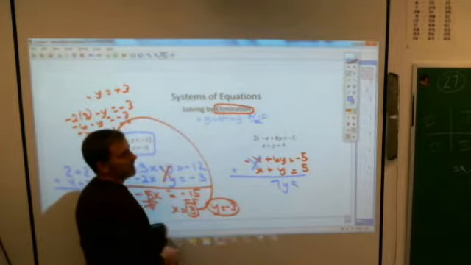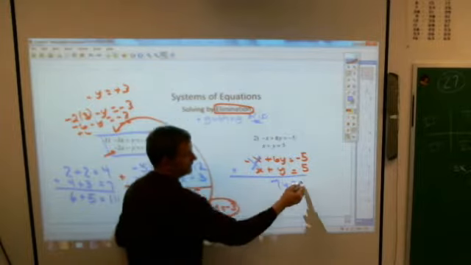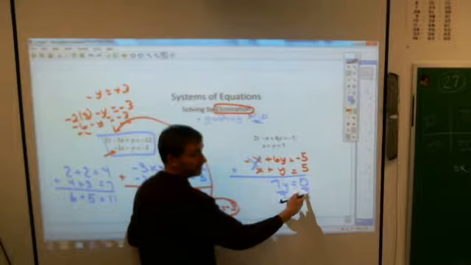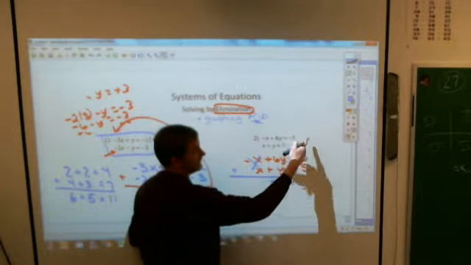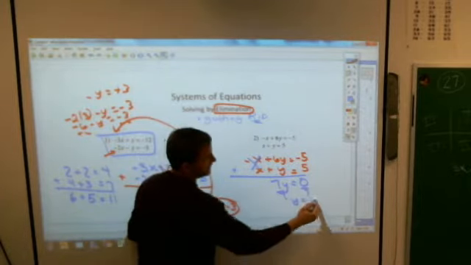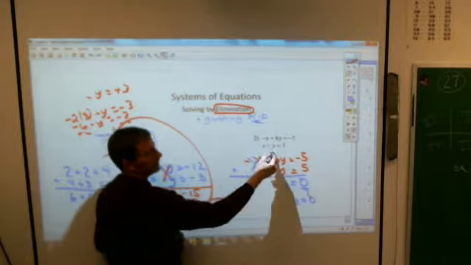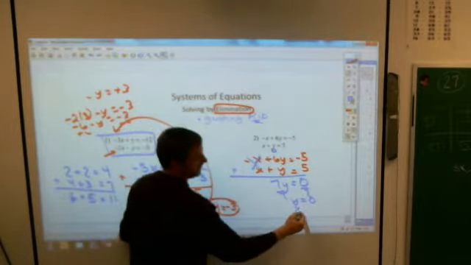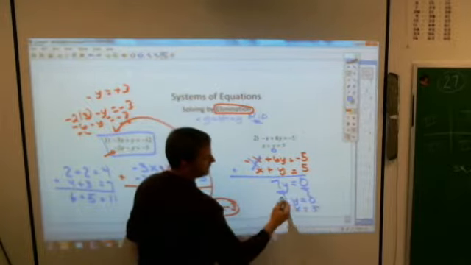Negative 5 plus 5, 0. So guess what y equals? Remember, you are allowed to have a 7 on the bottom. You can't have the 0 on the bottom. If you get a 0 on the bottom anytime, then you have to say that this is no solution. So y equals 0. If I put 0 in for y, what number plus 0 is 5? x would have to be 5.